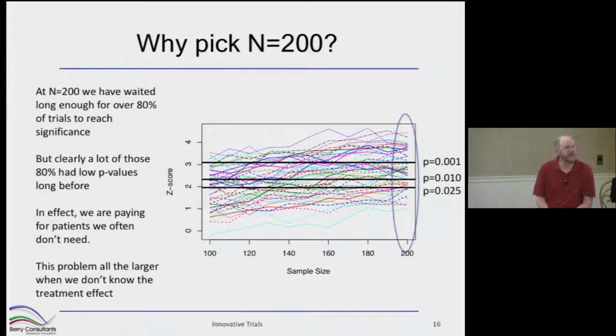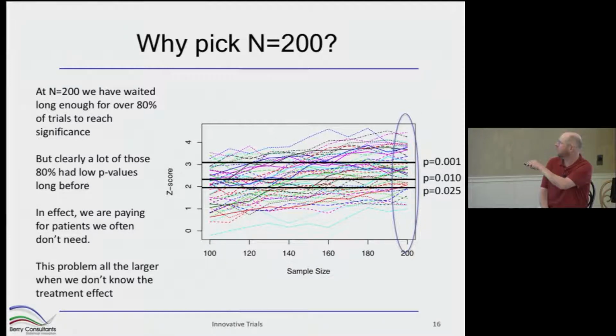What I've done is I've bought an insurance policy. I've picked 200 not because that's when the p-value is going to get above 0.025. What I'm waiting for is the slow ones. So like this red one, I'm waiting for trials like that to finally have gotten above that line of significance. And I've chosen that 200.